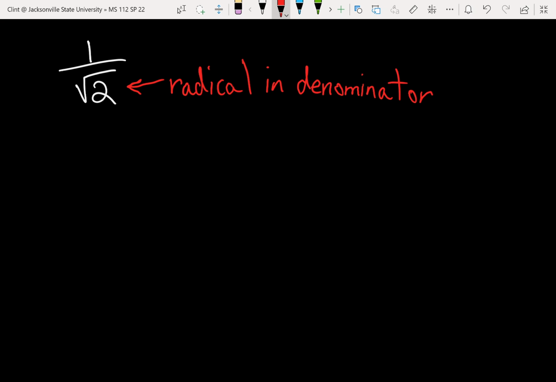So saying that we want to have a rational number in the denominator. Rational numbers, short version, okay, we don't want a radical. Whatever denominator we end up with, we want it to not have a radical.